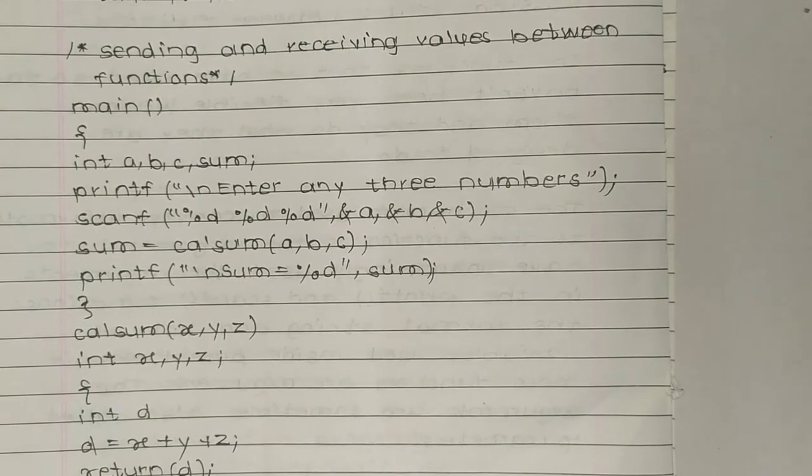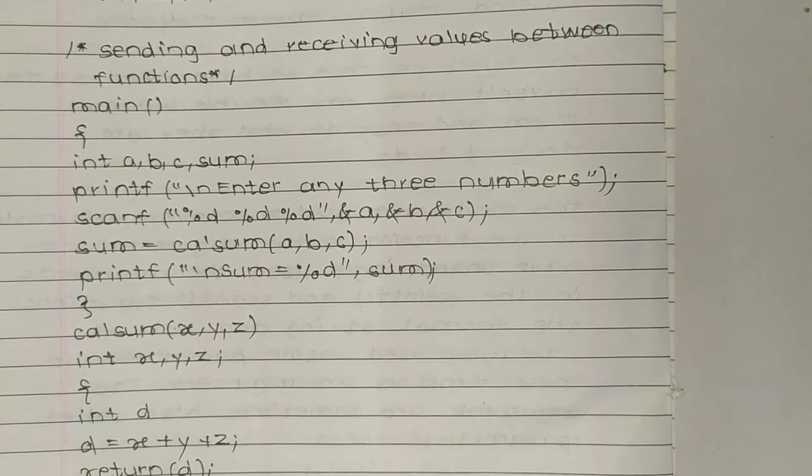Now printf("\nEnter any three numbers"); we are telling the user to enter any three numbers. Now scanf("%d %d %d", &a, &b, &c); we are telling the compiler to scan these three integers.